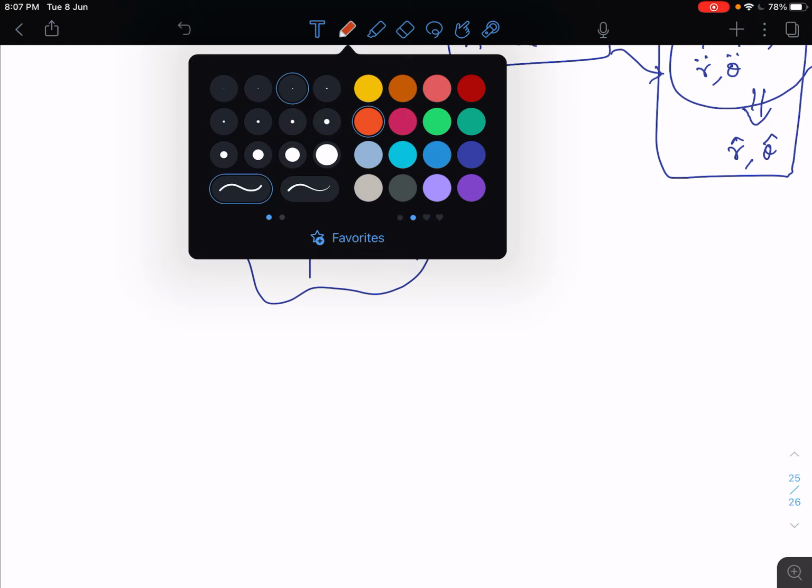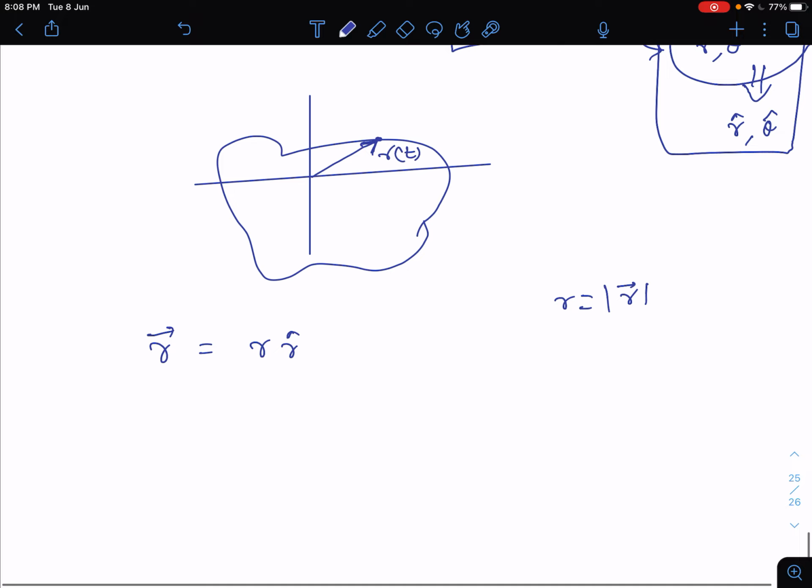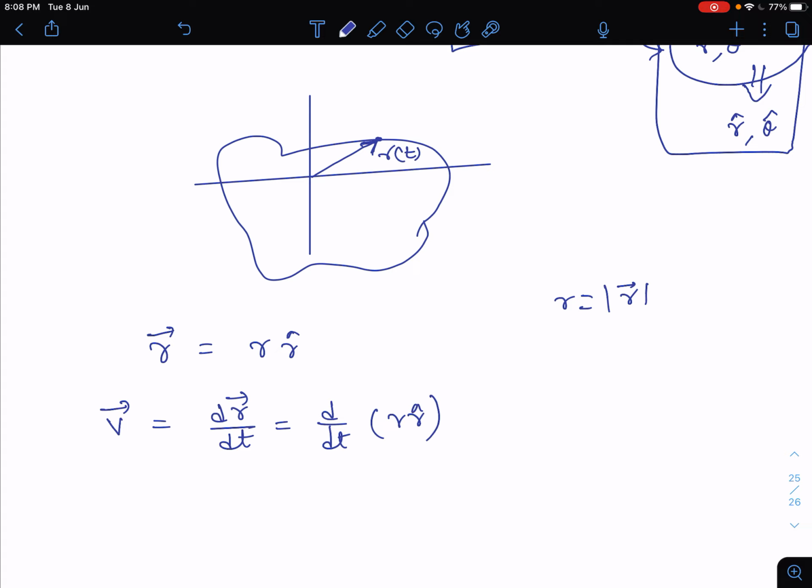That r vector is nothing but r times r cap, where r is the magnitude of r. So this is r at an instant of time. Let's say the particle is here. So now in order to calculate the velocity, we need to take the time derivative of the radius vector. Now what is that? That is d by dt of r r cap, right?